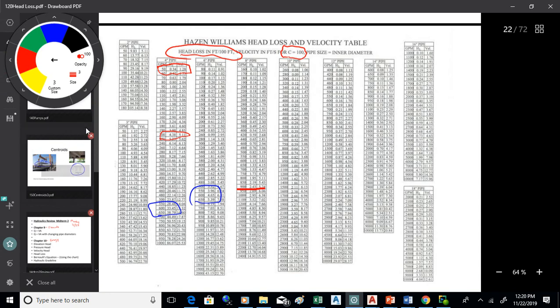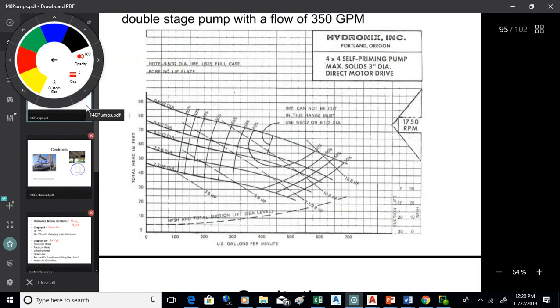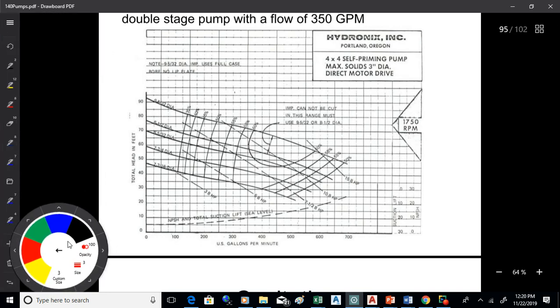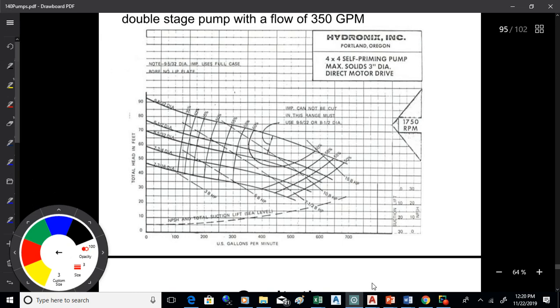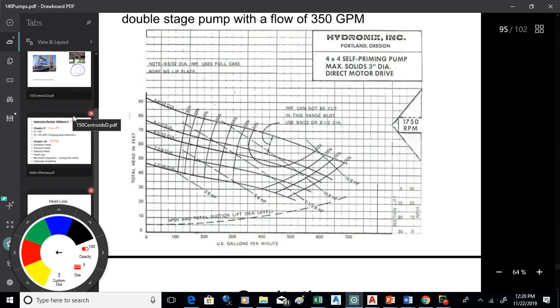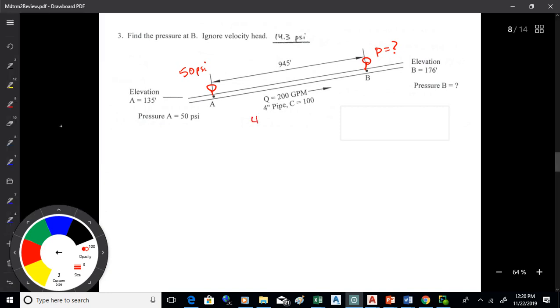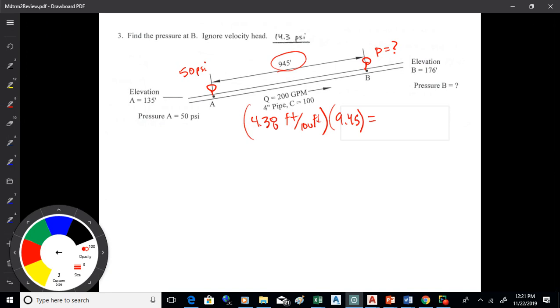Now, once we've got that, we want to get that filled in for the head loss. So we've got 4.38 feet per 100 feet. And then we've got 945 feet. So if we multiply that by 9.45, we'll get the head loss that occurs in that run of pipe.